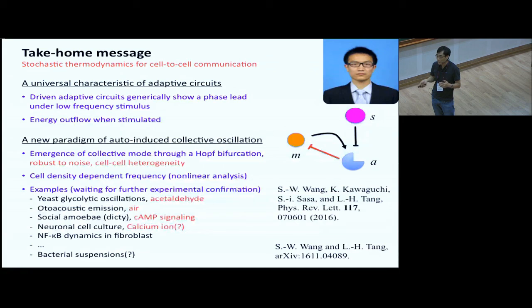It cannot be in equilibrium. Otherwise the signal molecule is in equilibrium, just some particle in the solution, which you can treat as an ideal gas, whatever. But in order to generate some non-trivial, non-equilibrium behavior, we have to drive it in some way. So this is given through the coupling with the cell.